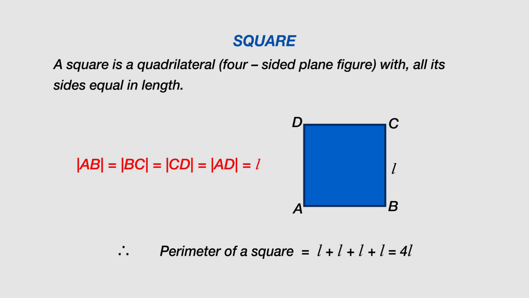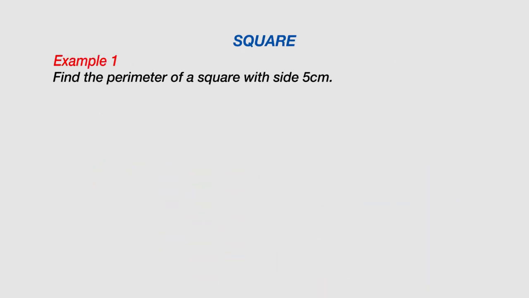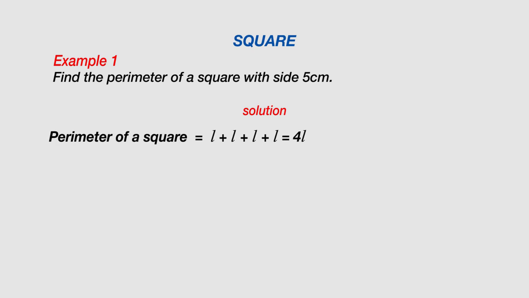Let's look at a specific example. It says find the perimeter of a square with side 5 centimeters. So like we said earlier, the perimeter of the square will be the sum of all the sides. So we have 5 plus 5 plus 5 plus 5 centimeters, which is the same as 4 times 5 centimeters or 20 centimeters.